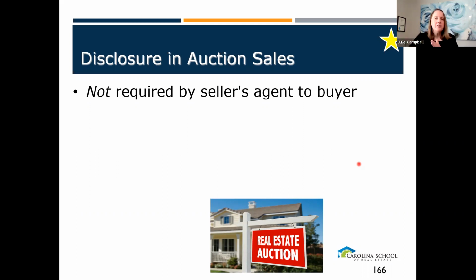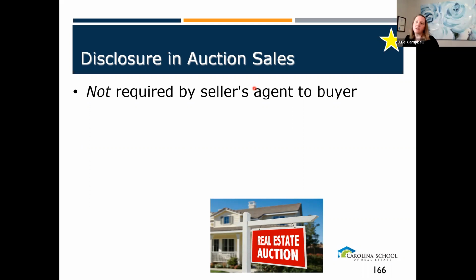So if the question never says anything about auction sales, then you don't worry about it. If the question doesn't bring it up, then you all don't go down the what if trail and bring it up. Is everybody with me? The only time you need to even consider auction sales is if the question specifically asks about it.